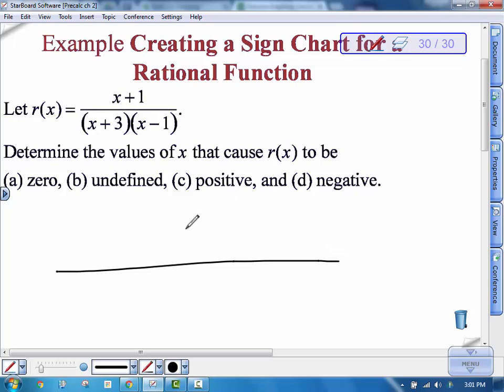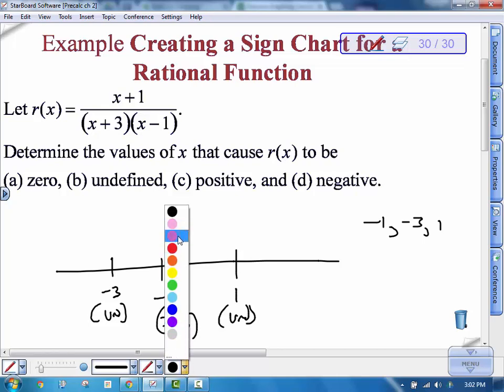But on the sign chart go the places where this thing's 0, and also the places where it's undefined. So negative 3 is an undefined value. Negative 1 is a 0. And 1 is an undefined value. Okay, now pick some numbers less than negative 3, like negative 4. That gives you a negative in the top, negative here, and a negative there, which makes a negative.